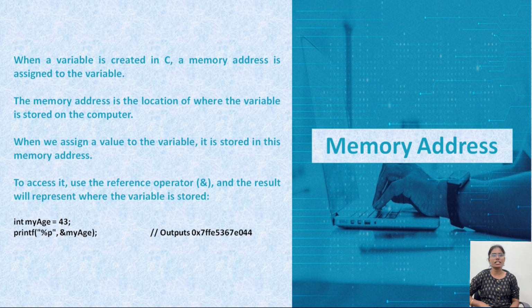When a variable is created in C, a memory address is assigned to the variable. The memory address is the location of where the variable is stored on the computer. When we assign a value to the variable, it is stored in this memory address.